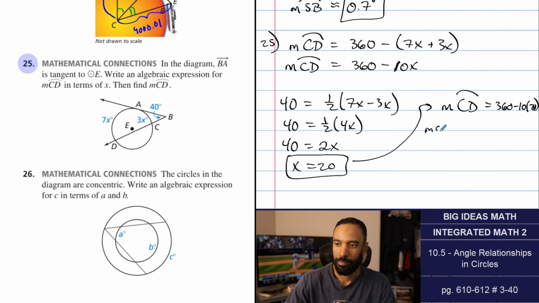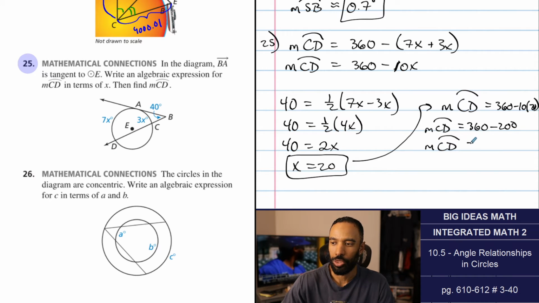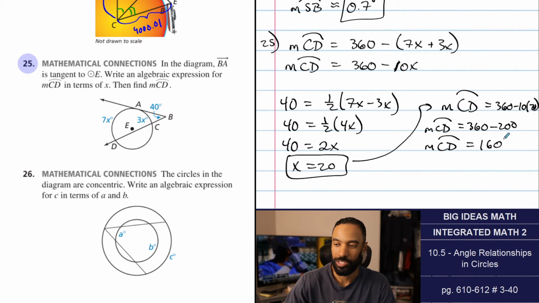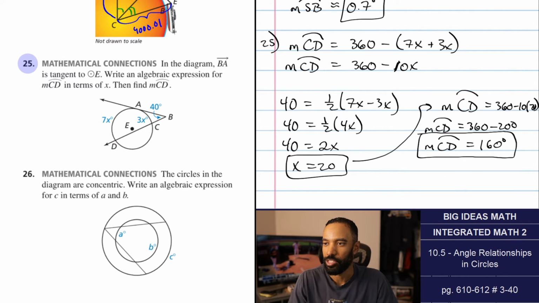Sorry about that. Measure of arc CD is 360 minus 200. So the measure of arc CD is 160 degrees. And that looks like a good to scale thing because it's not quite 180 like the diameter thing would show. It's not quite a diameter, so not quite a semicircle.